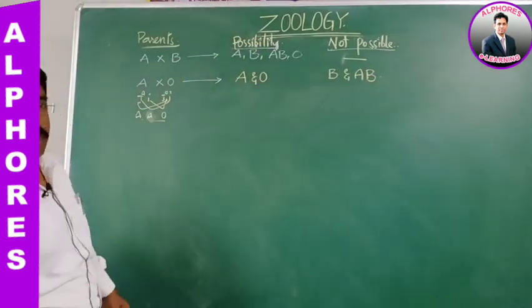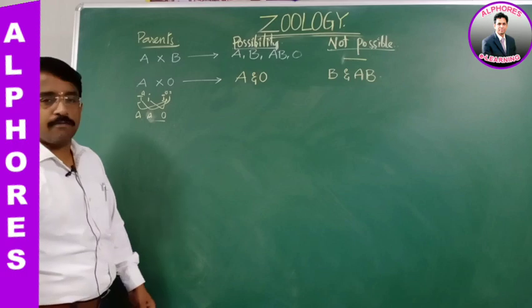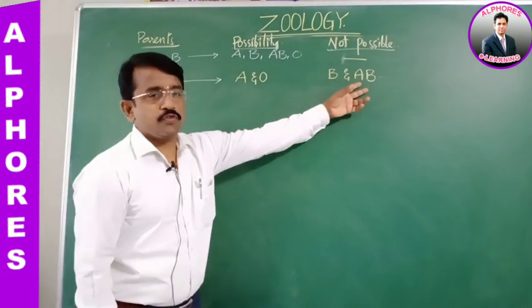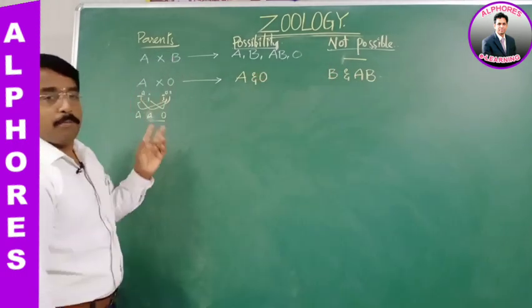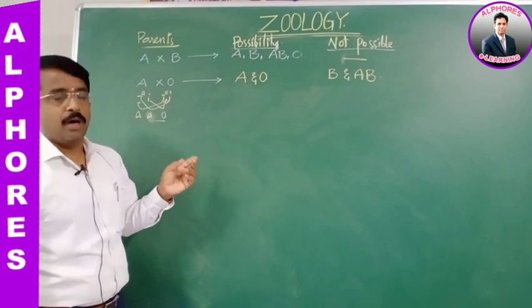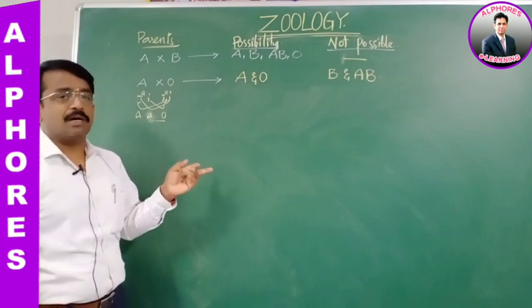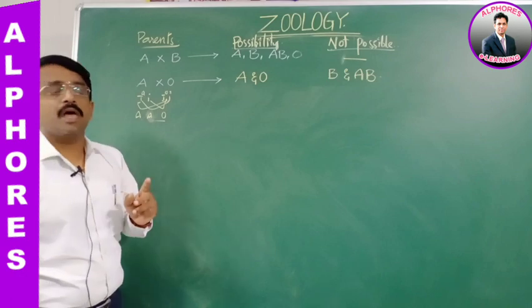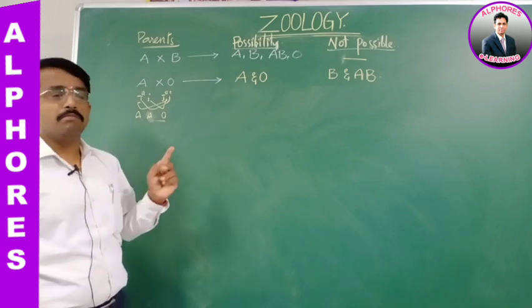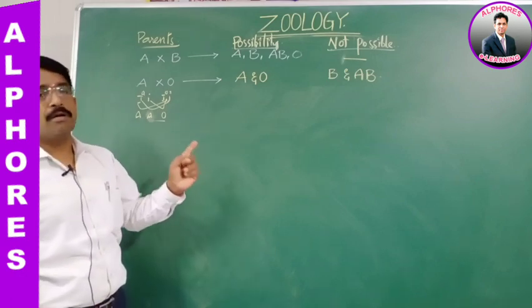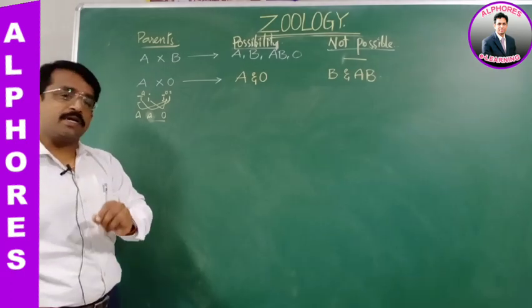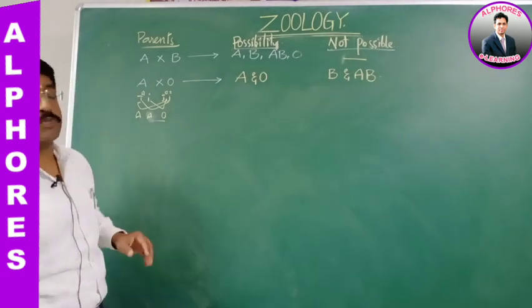Is it clear? In order to have AB blood group in the progeny, the parents must be with A and B antigens. Mother should be with the A antigen, or else B. Father should be either A or B, then only it is possible.